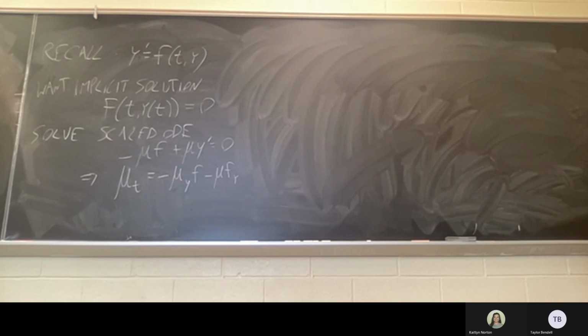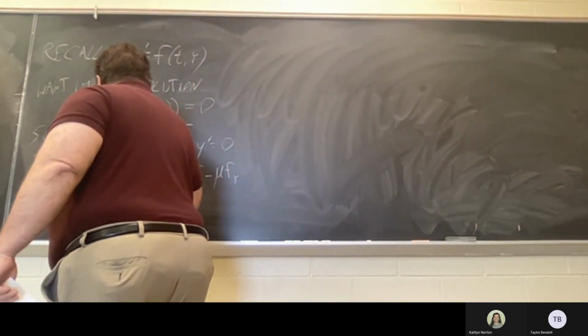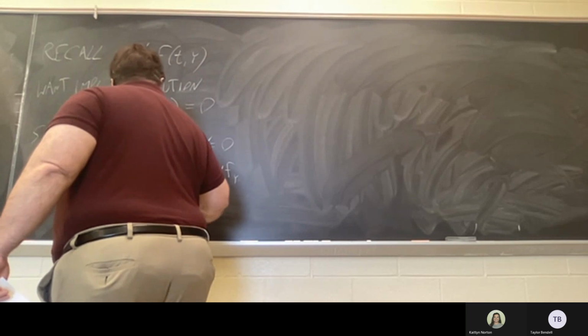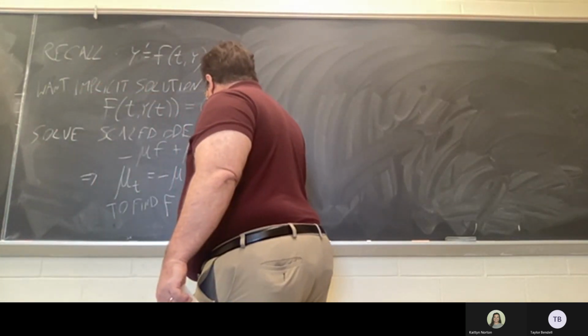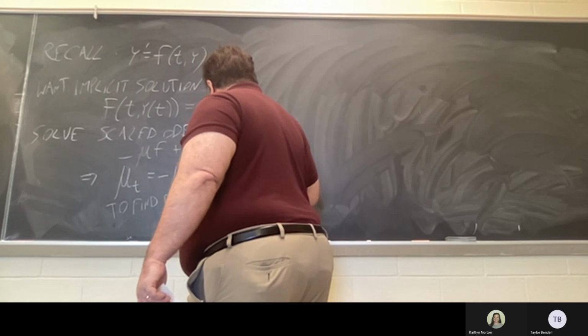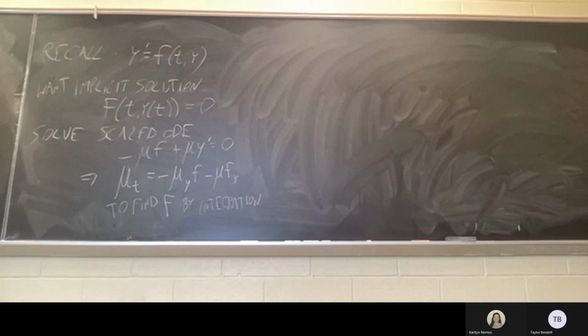Okay. Now, I'll just remind that. The function mu, in certain contexts anyway, is actually called an integrating factor for that reason, because it enables the ODE to be solved by integration if you can find it.